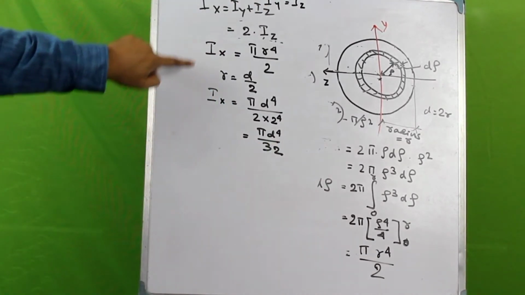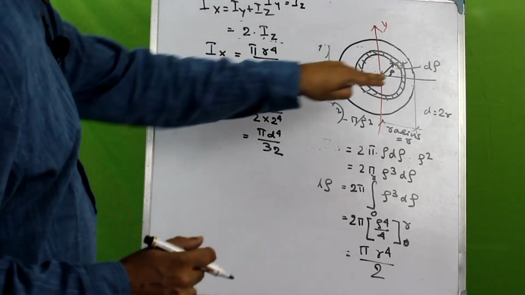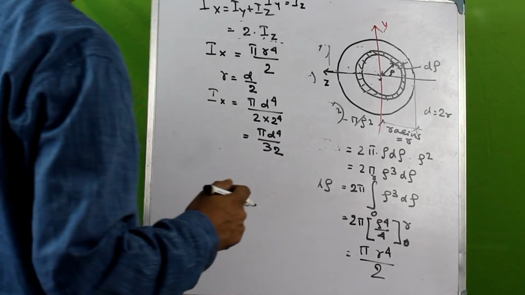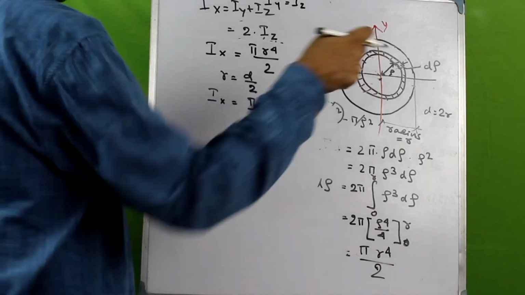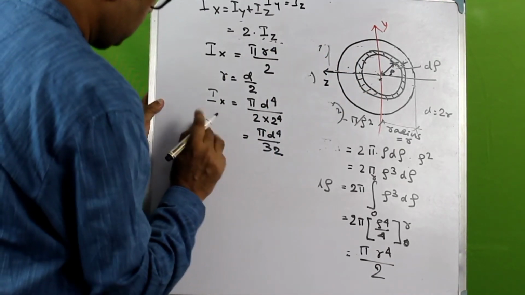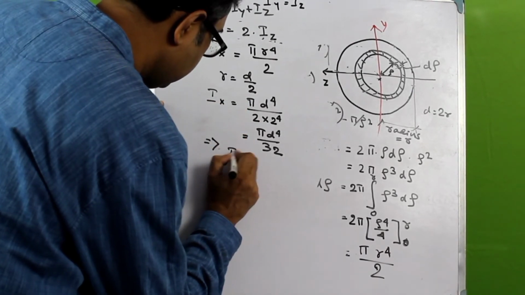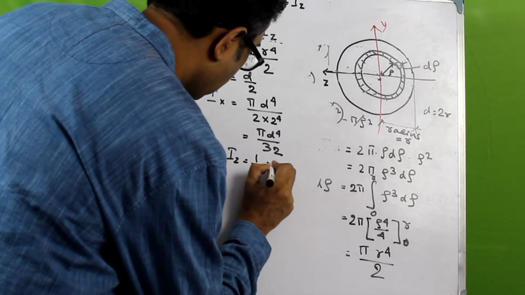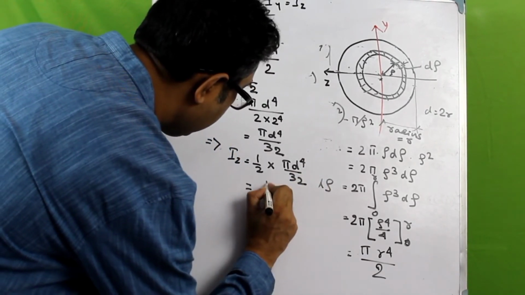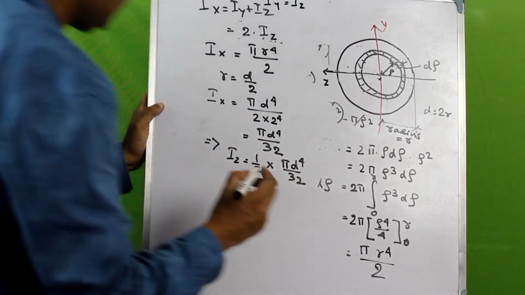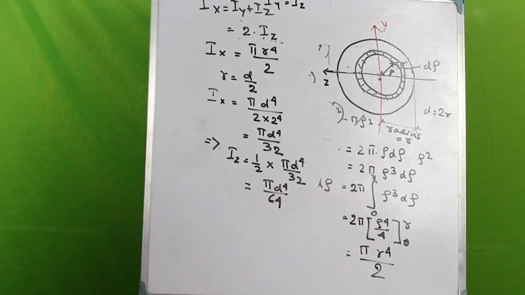Now Ix is represented as twice of Iz. So the moment of inertia about the z-axis is half of what you have calculated for the x-axis. So then we could represent Iz as half of pi d to the power 4 by 32, or in other words, the moment of inertia about the z-axis can be written as pi d to the power 4 by 64.